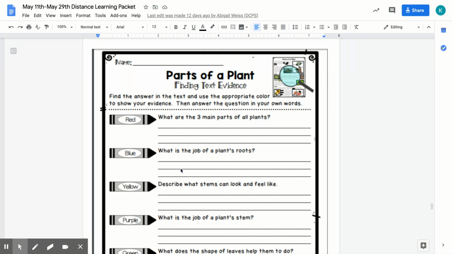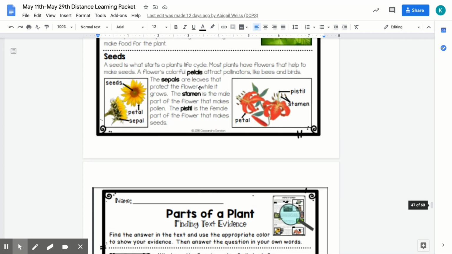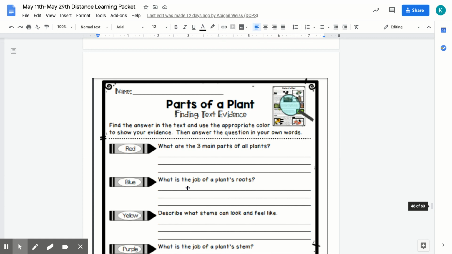Underline it in any color that you have, even if it's just a pencil. The idea is that you're able to find the answer in the text and then write it down right here. Don't worry about colors. We're more interested in seeing that your brain is finding evidence in the text.